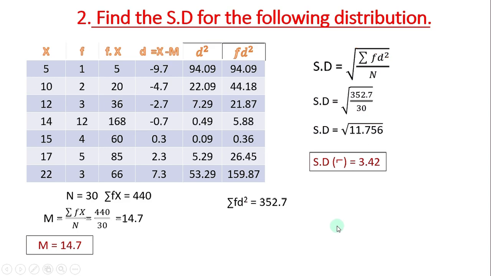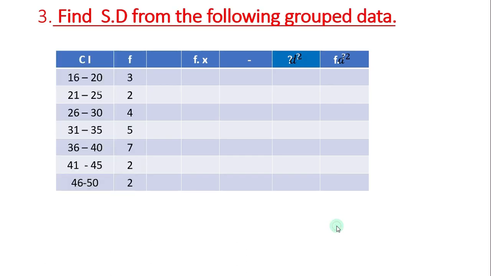Now the grouped data. If we have grouped data, how do we find the standard deviation? Here the class intervals and frequencies are given: 16 to 20, 21 to 25, 26 to 30, 31 to 35, 36 to 40, 41 to 45, 46 to 50. The frequencies are 3, 2, 4, 5, 7, 2, 2.